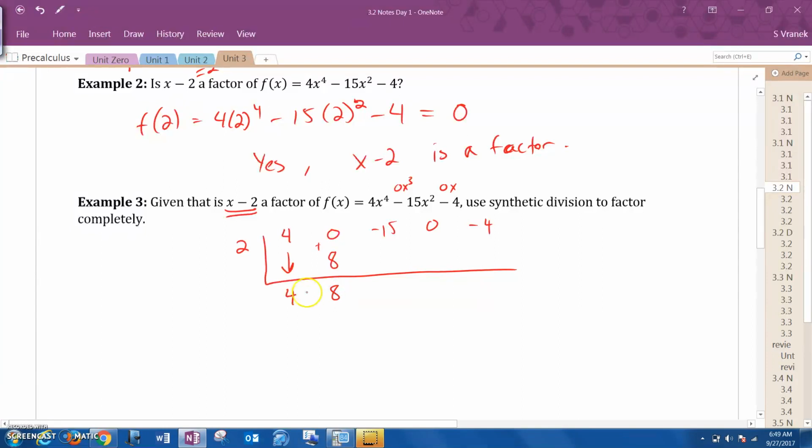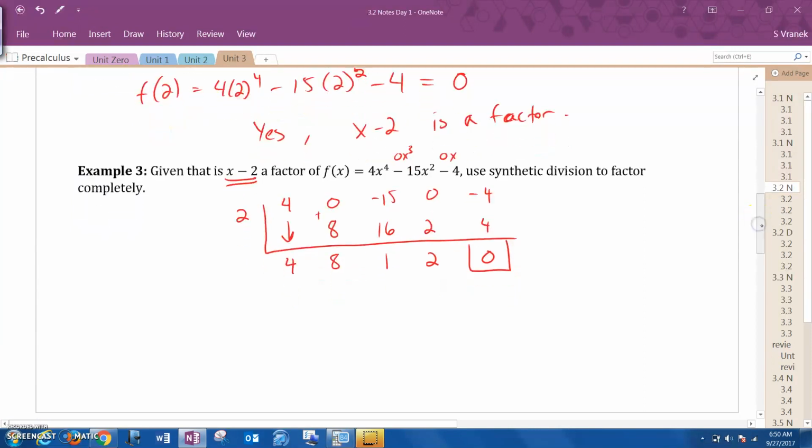You repeat the process. 8 times 2 is 16. 16 plus a negative 15 is 1. 1 times 2 is 2. You add these down. You get a 2. 2 times 2 is 4. And sure enough, our remainder is 0. And it should have been 0 because we knew that it was a 0. If you know you have a 0 and you do the synthetic division and you don't end up with a 0, that means you did something wrong.